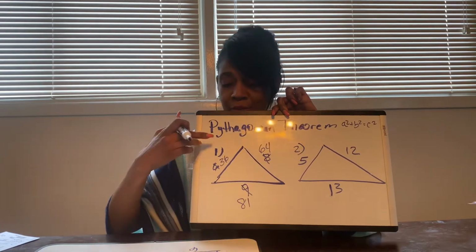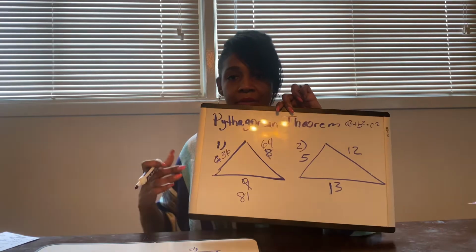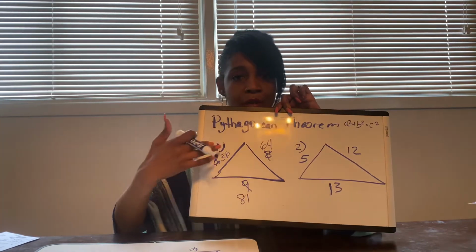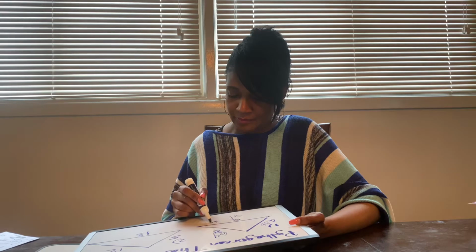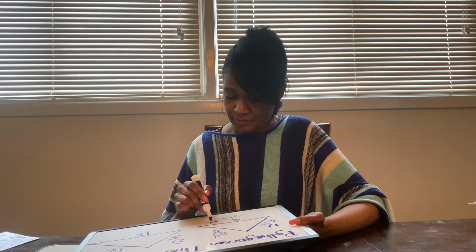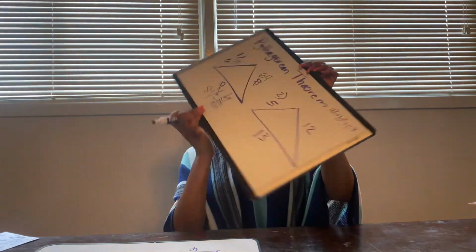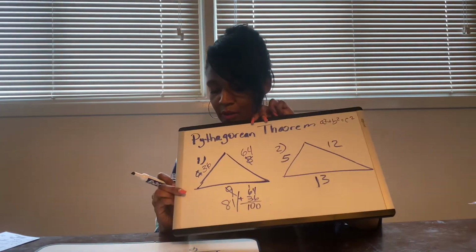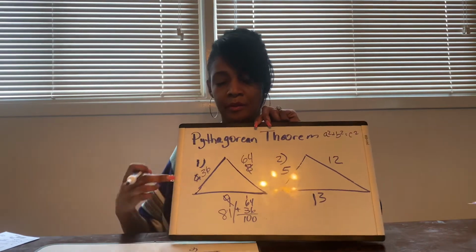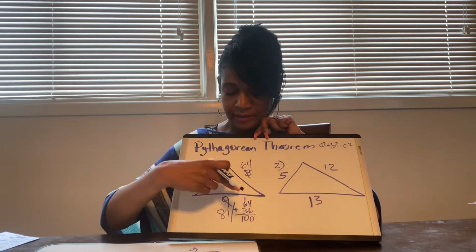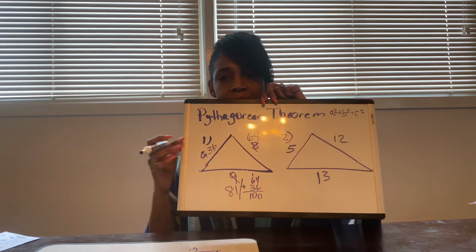Then I add the two shortest sides together, not the long line, but our two shortest sides, to see if they add up to the longest line. All right, so I added up my 64 and my 36.